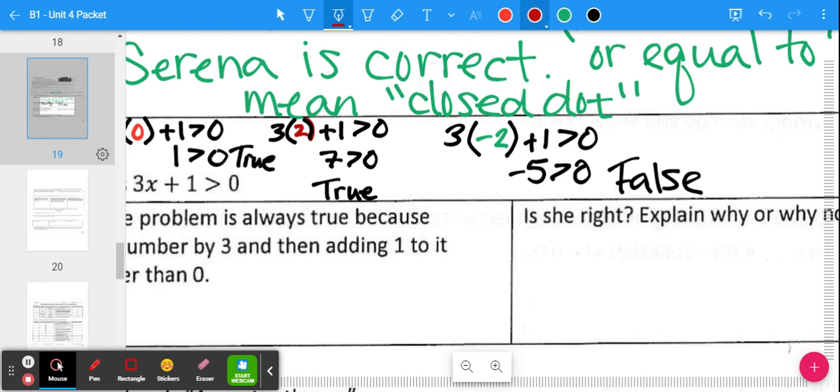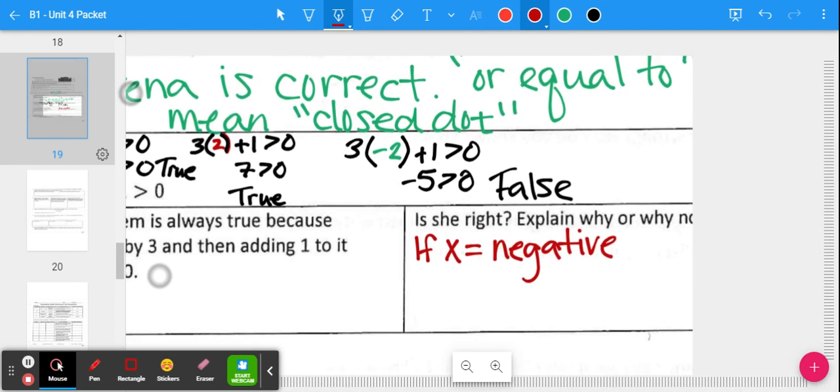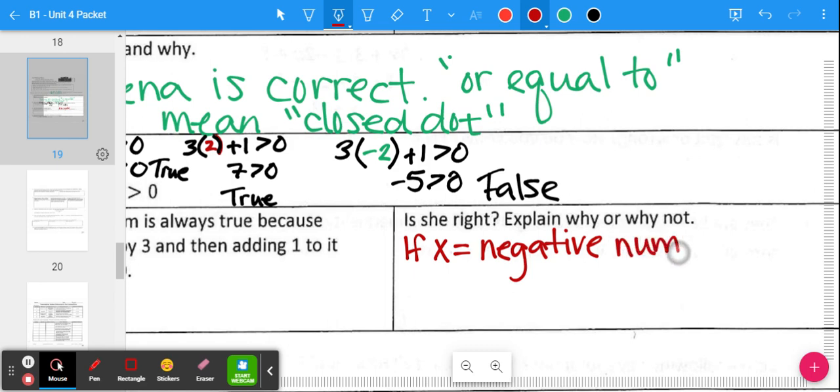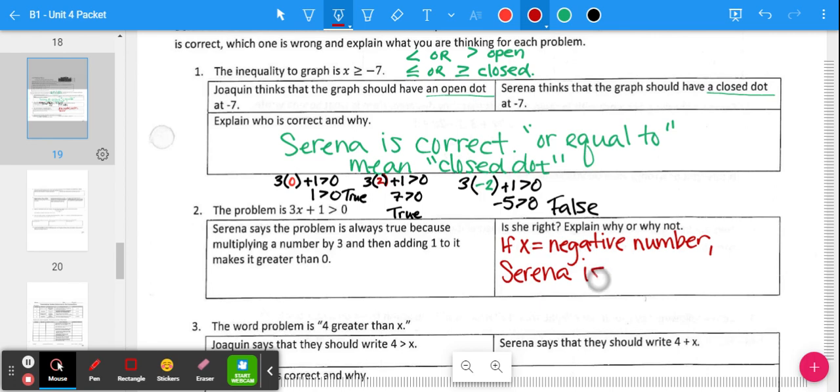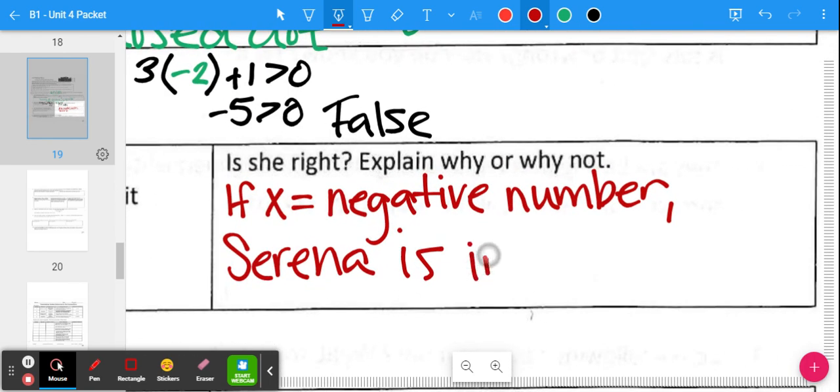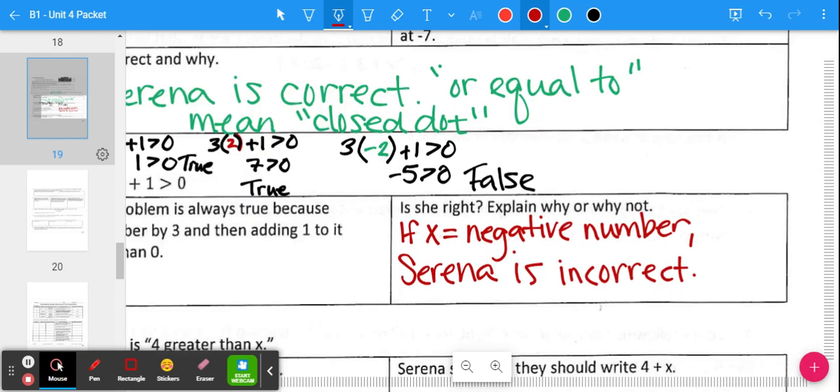So if x equals a negative number, Serena is incorrect. She is not correct if x is a negative number.